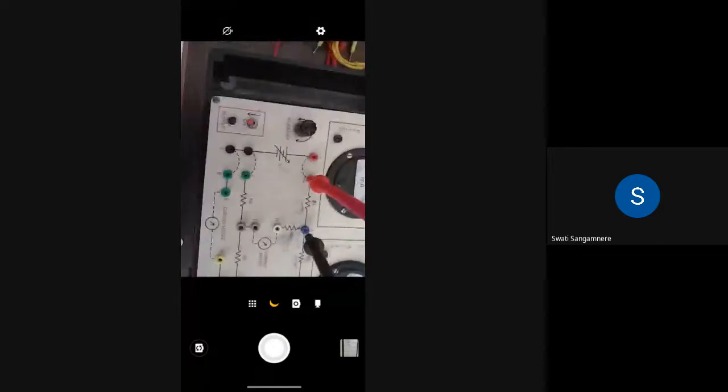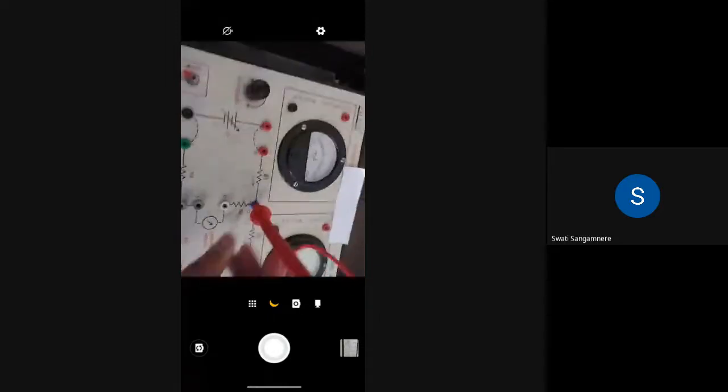So we can measure first the value of resistance R1 by varying this knob to ohm. See, the value of resistance R1 is 333.4 ohm.